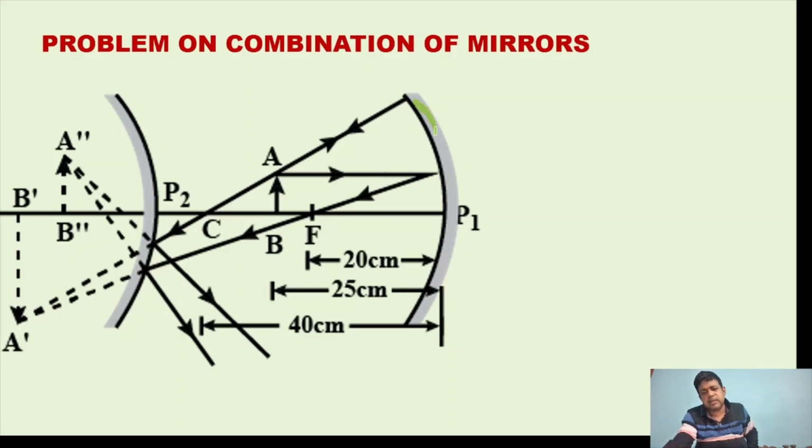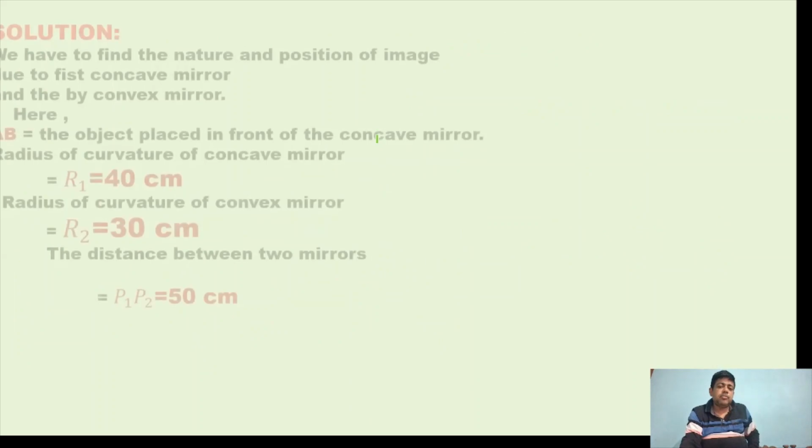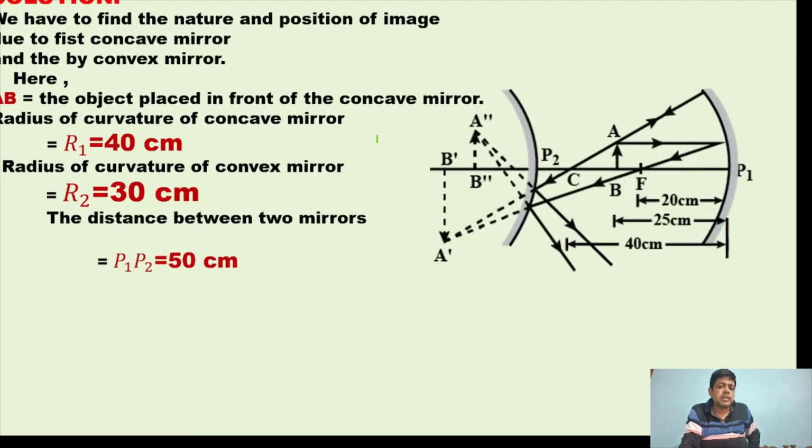One is the concave mirror, and this is the convex mirror, right? Here you have to find the nature and position of the image due to the first concave mirror and then by the convex mirror.